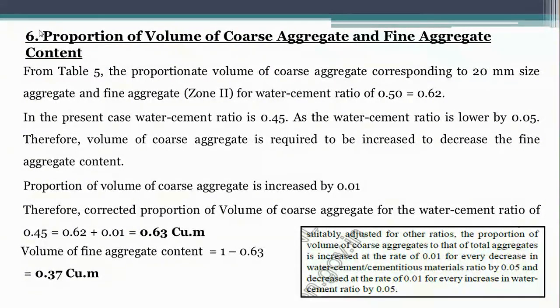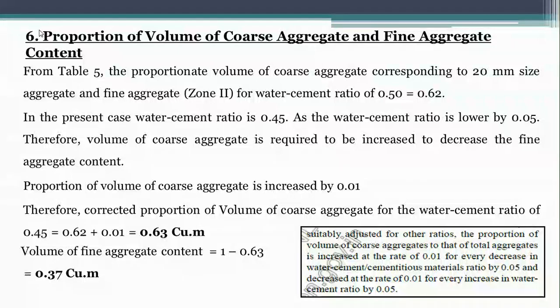So if there is a 0.05 reduction in the left hand side, then you have to increase the right hand side by 0.01. So that is the codal provision.